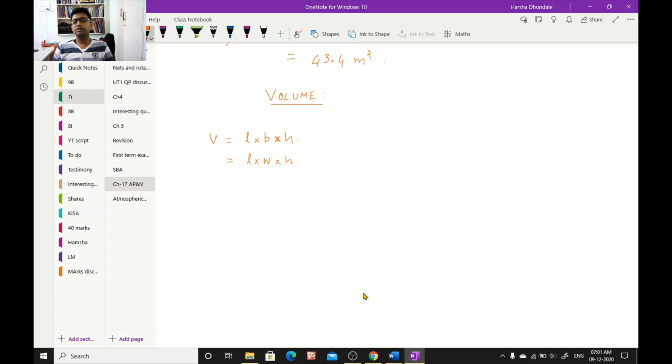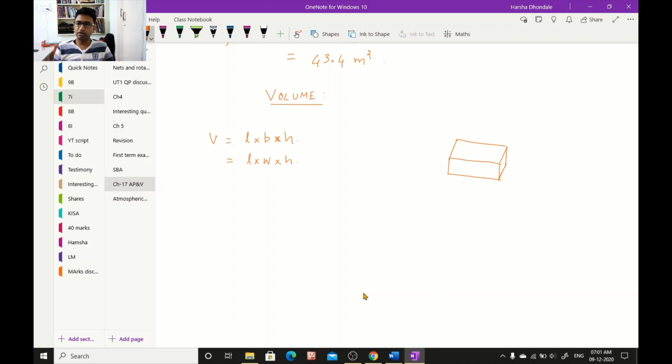Next part is, if you take a cuboid, let me say this is the length.